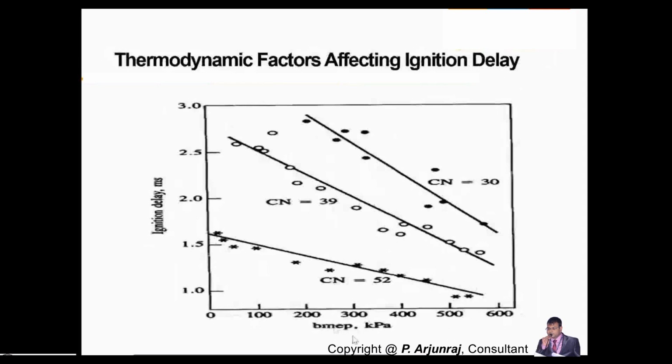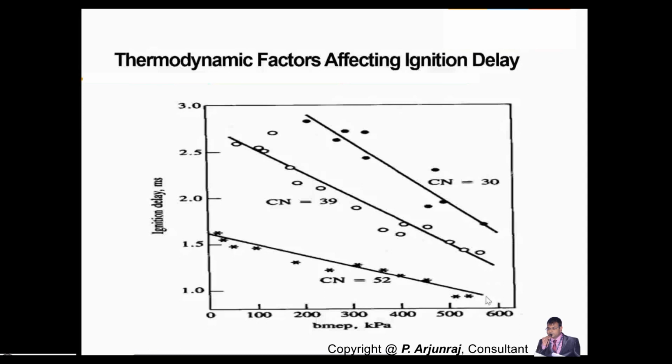But there is also a quite interesting phenomenon with respect to brake mean effective pressure. The highest speed you get in a gasoline engine compared to a diesel doesn't mean that the brake mean effective pressure should be higher.